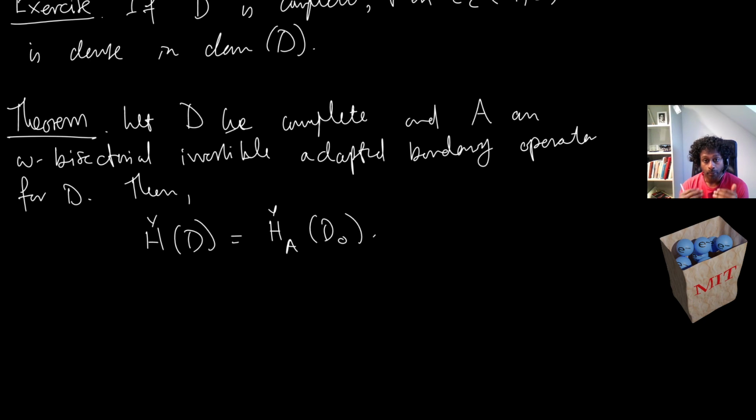So the point here is that, of course, one can argue that here we're still describing things in a way that is related intrinsically to D. But the point is that the operator A only depends on D at the principal symbol level, right? The operator A is built out of the principal symbol of D. So it is purely an object on the boundary that determines a model operator D naught in a cylinder.